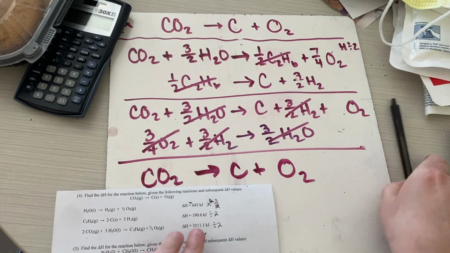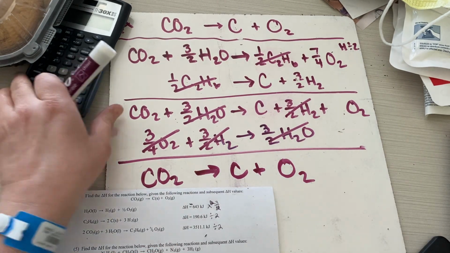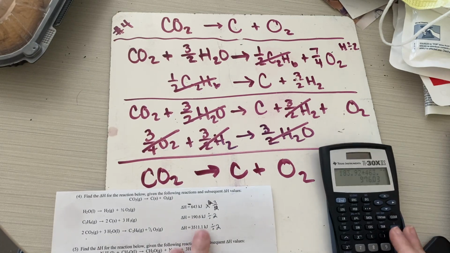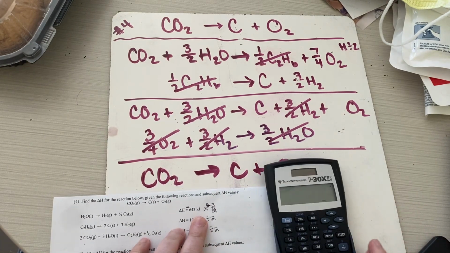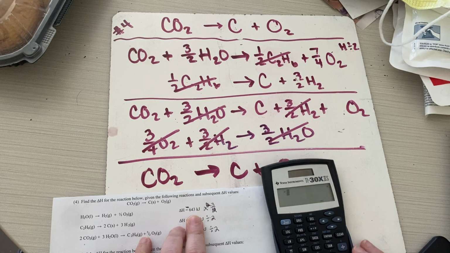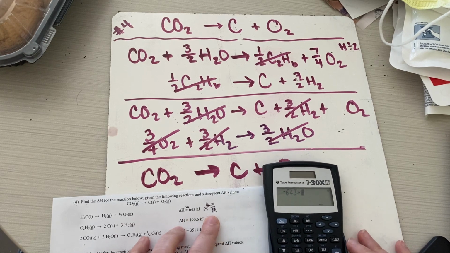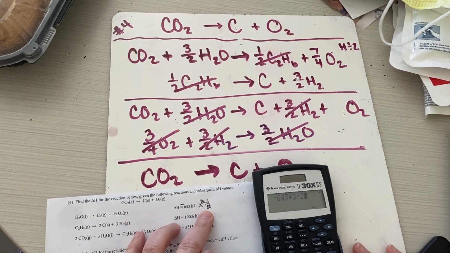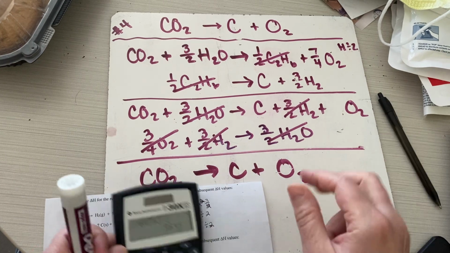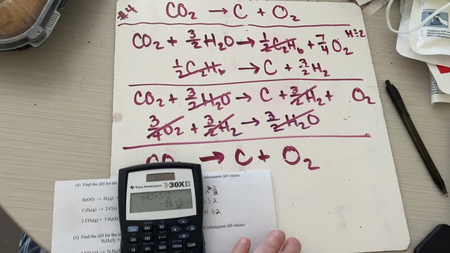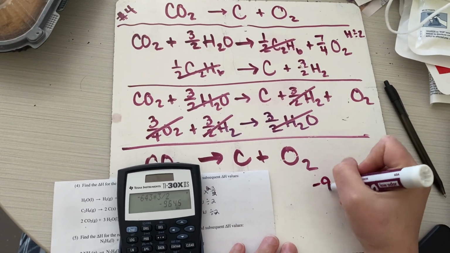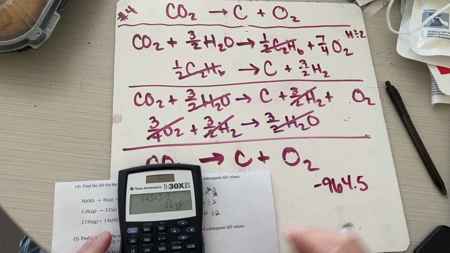Now, I have my values written down here. So if I use my calculator, this first equation was negative 643 times 3 divided by 2, which is going to be negative 964.5.